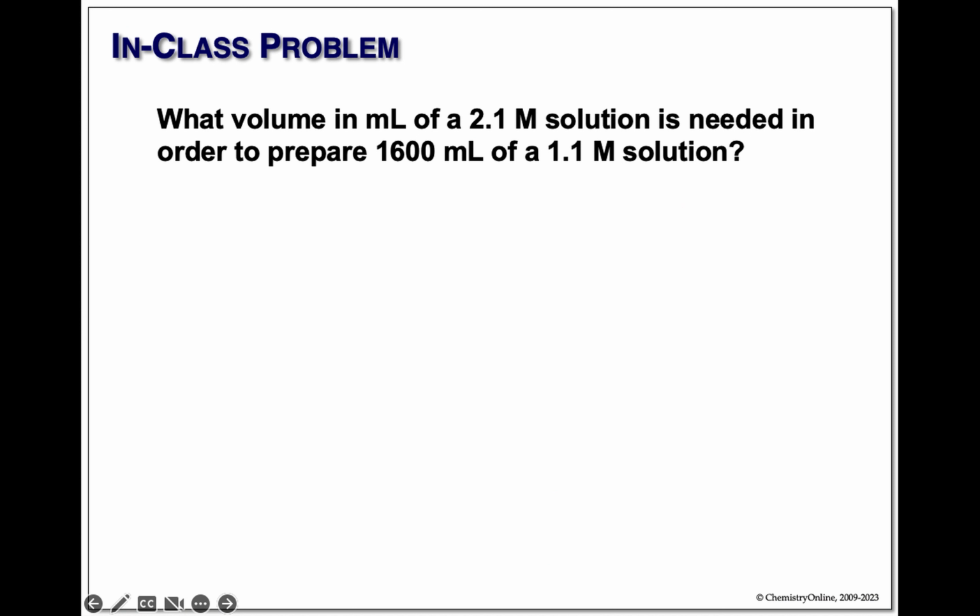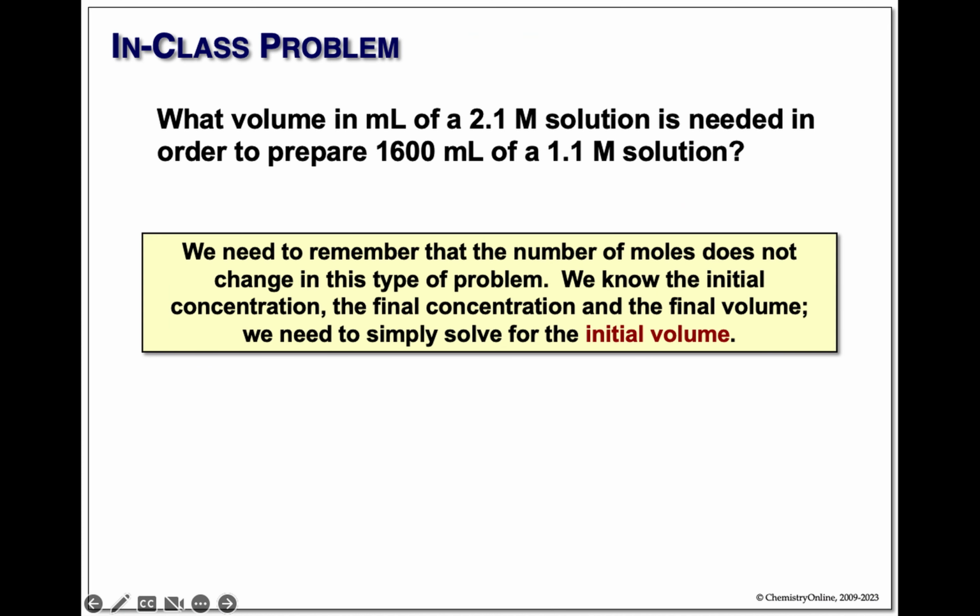Here we have a 2.1 molar solution of something. We want to make 1,600 mils of a 1.1 molar solution. How do we do that? Well, moles does not change. We know the initial concentration, 2.1 molar. The final concentration, 1.1 molar, and the final volume, 1,600 mils.